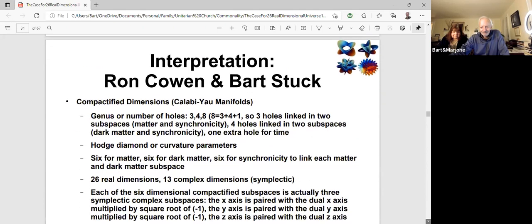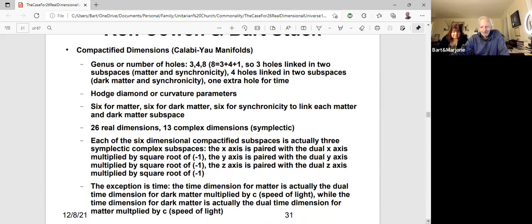The thing to keep in mind here is that we're going to see that there's 3 holes in the compactified space where we are, 4 holes for the dark matter, and then 8 holes in the synchronizing compactified space. So the 3 holes in the matter compactified space have to link up with the synchronized space.